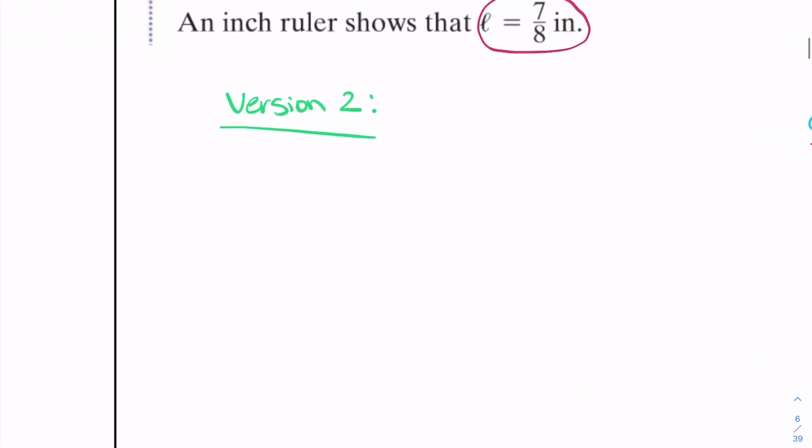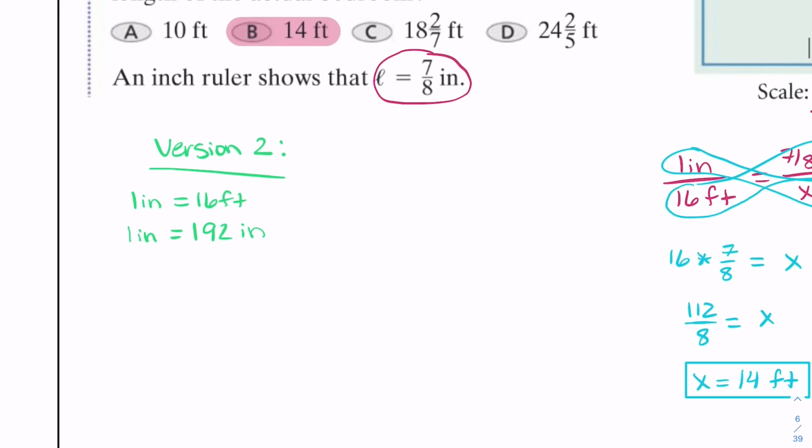Instead of saying 1 inch is to 16 feet, I'll say 1 inch is equal to 16 times 12, which is 192 inches. So in reality, this is a 1 to 192 ratio, not 1 to 16.